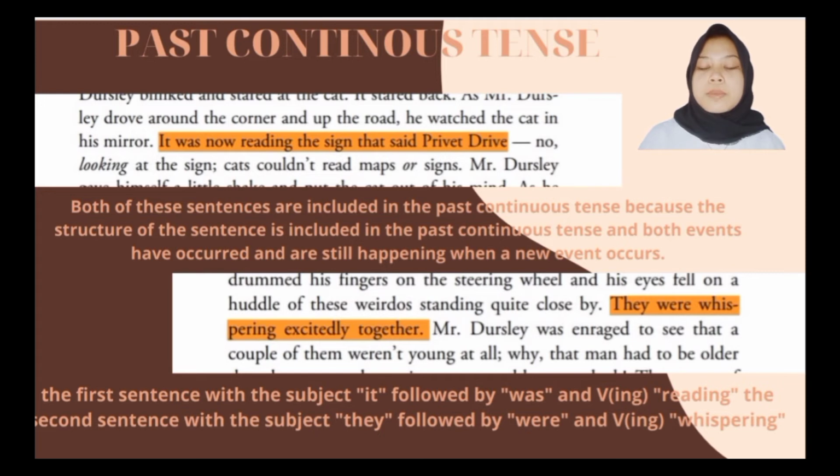Both of the sentences are included in the past continuous tense because the structure of the sentences is in the past continuous tense, and both events had occurred and were still happening when a new event occurred. The first sentence has the subject it followed by was and verb-ing reading, and the second sentence has the subject they followed by were and verb-ing whispering.